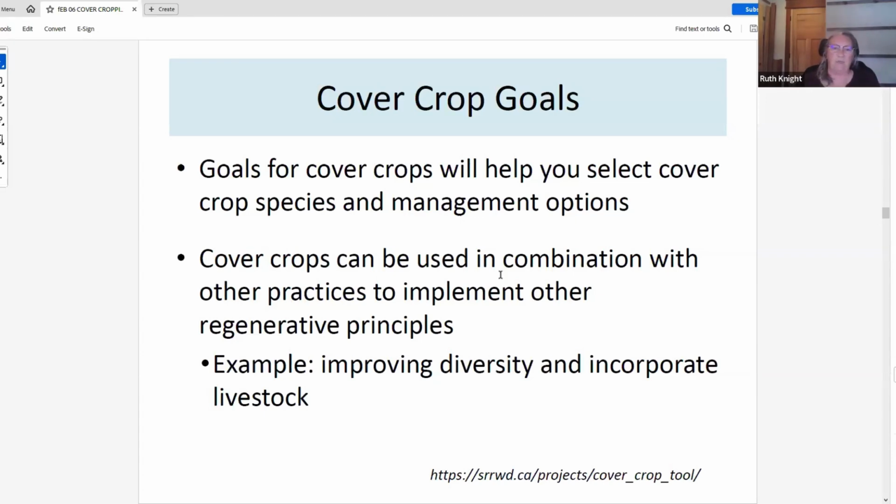So those are just examples in terms of how they're complementary. So it's not a single kind of approach. You may look at your first initial goal, and then looking at the regenerative practice, the regenerative principles, you can also consider other principles that you can incorporate into your thought process.